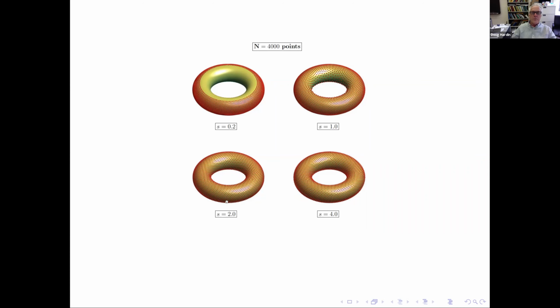And for S bigger than or equal to 2, the bottom two, we're seeing uniform measure. Now, if you look closer at all four of these, on a microscopic scale, you'll see that almost every point has 6 nearest neighbors that are all nearly equally spaced.